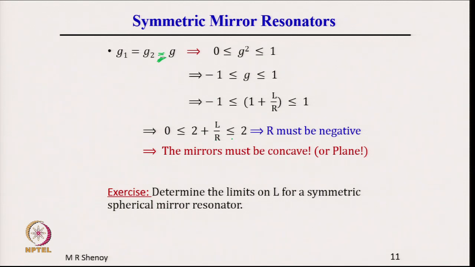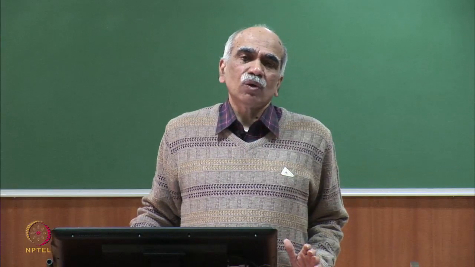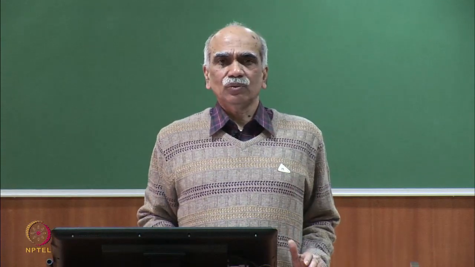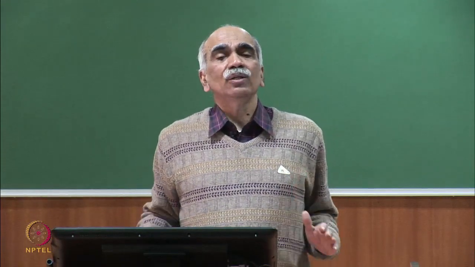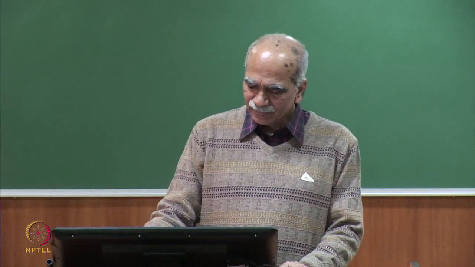R negative implies the mirrors must be concave mirrors or plane. This is the case where R is equal to infinity, and therefore L by R is 0. So, when we have symmetric mirror resonators, they always comprise two concave mirrors or two plane mirrors, usually two concave mirrors.